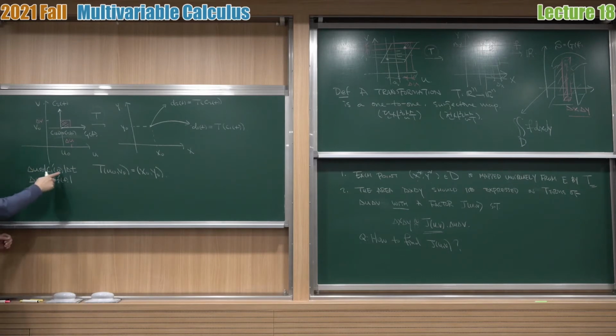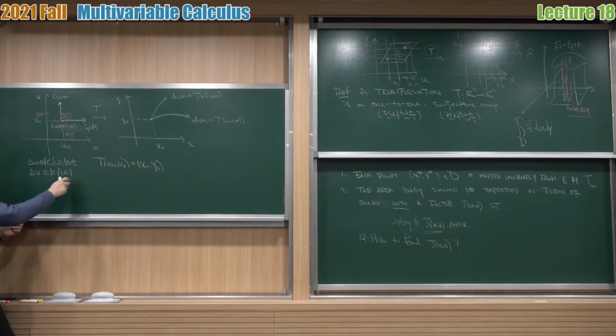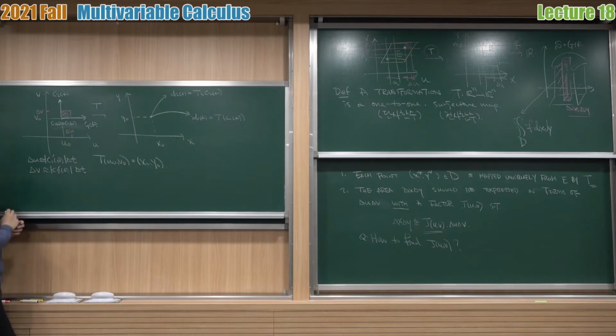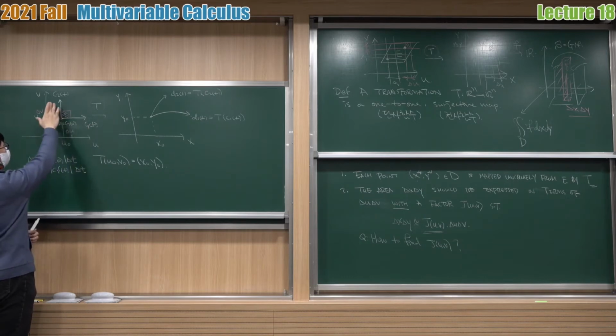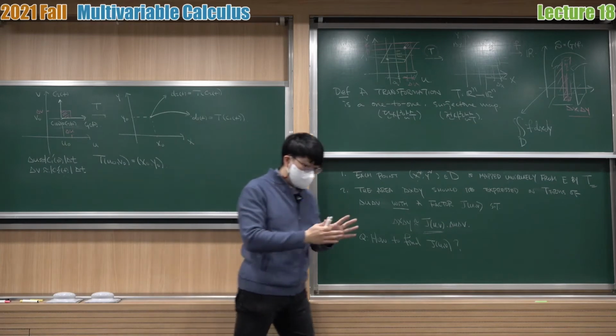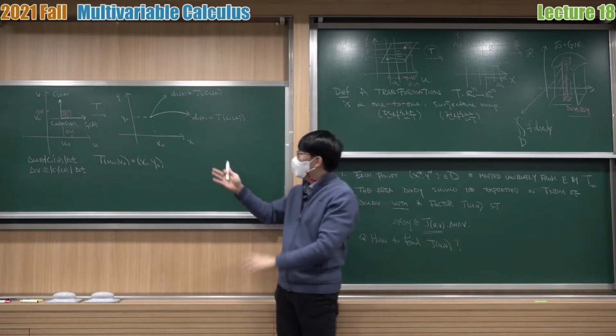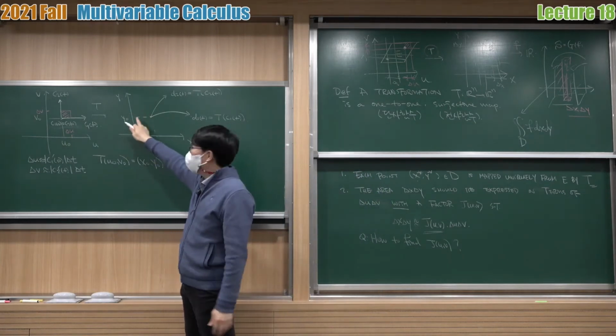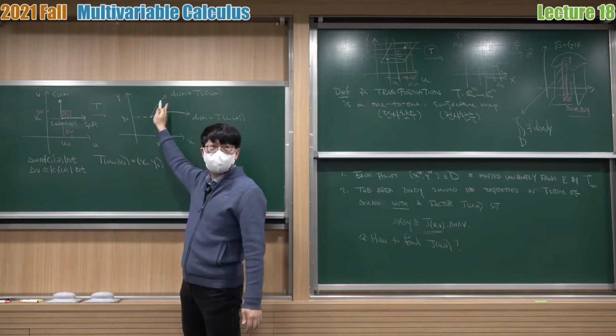So I'm taking the vector here, times delta t. That's delta u and delta v. I said I'm assuming the UV plane and XY plane have the same time frame. So if I move my point along C1 and C2 in the same time frame, there should be the same movement in the same time frame in the XY plane. So it moves along D1 and D2.